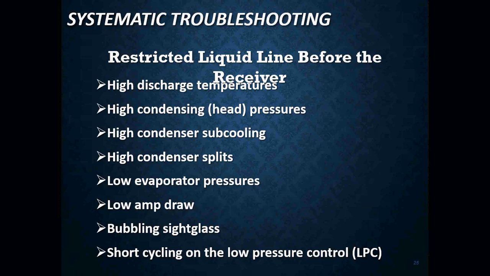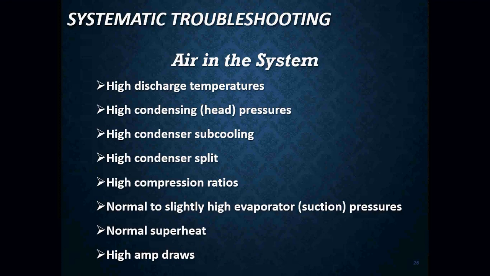Now, restricted liquid lines before the receiver, you're going to see high discharge temperatures, high condenser head pressures, high condenser subcooling, high condenser split, low evaporator pressures, low amp draw, bubbling in the sight glass, again, if there is one, and short cycling of the low pressure control. Now, what happens if you have air in the system?